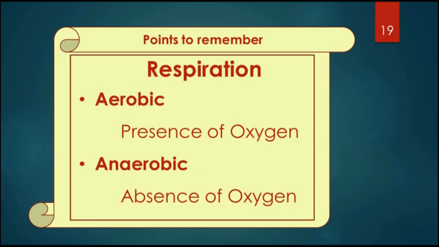Aerobic takes place in the presence of oxygen. Example, almost all organisms respire aerobically. Anaerobic respiration takes place in the absence of oxygen. Almost all unicellular organisms, a typical example being fungi, respire anaerobically.